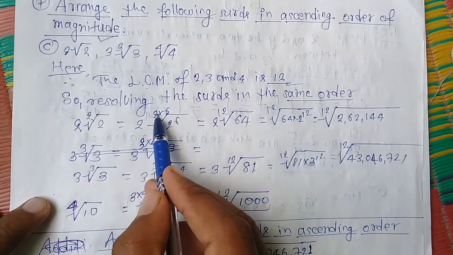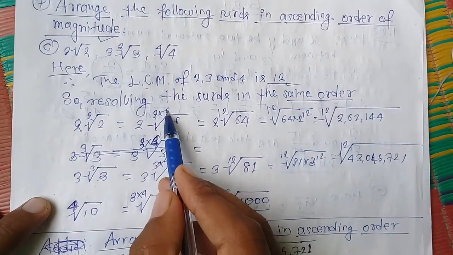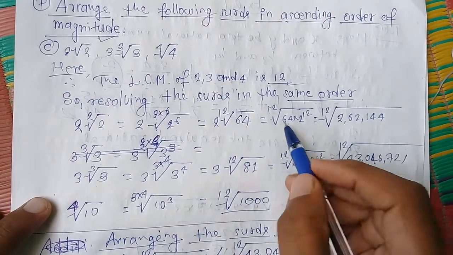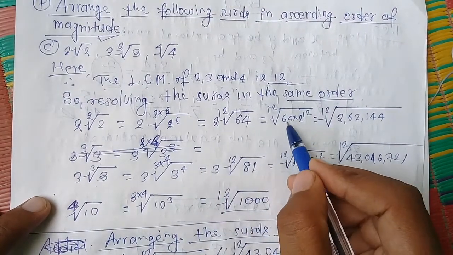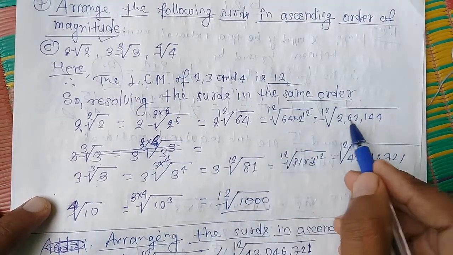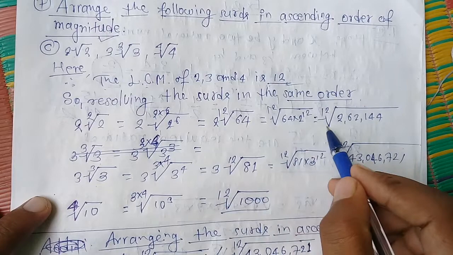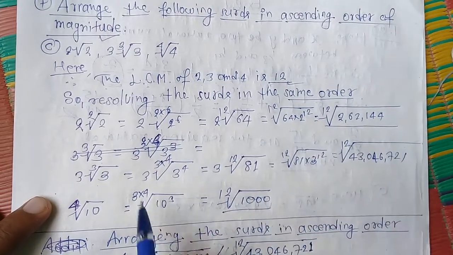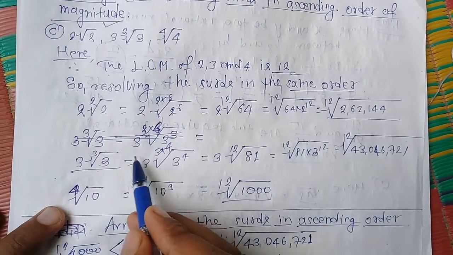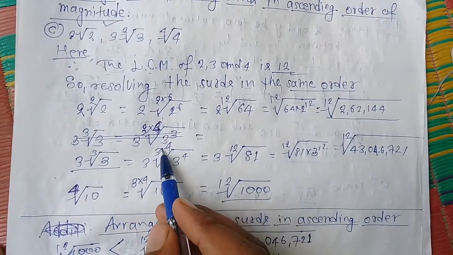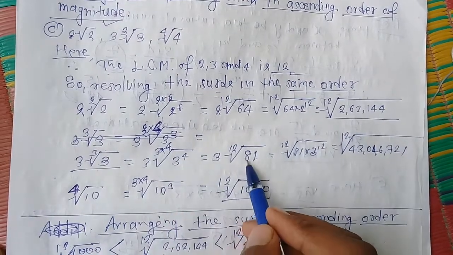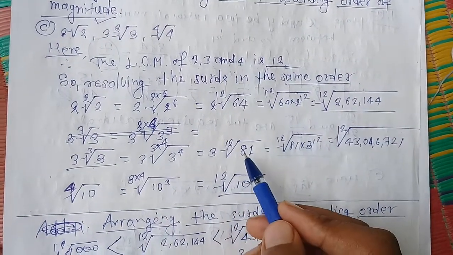So for the square root, 2 multiplied by 6, so 2 to the power 6, we get 64. We take it inside the root. For the third root, multiplying by 4, so 3 to the power 4, and we get 81 after multiplying.